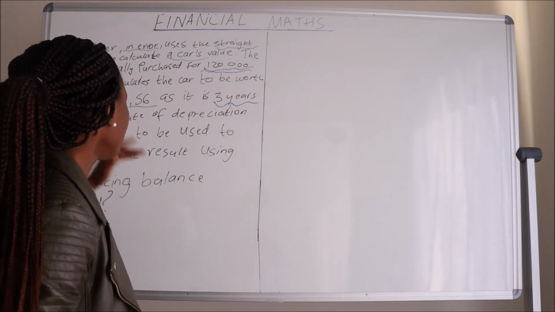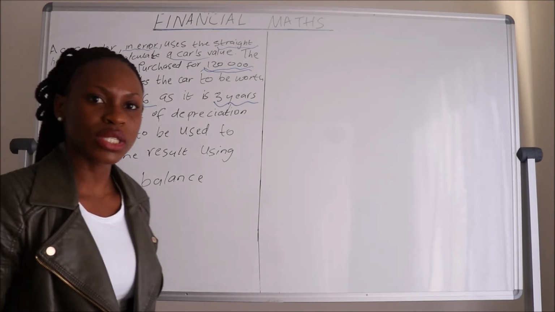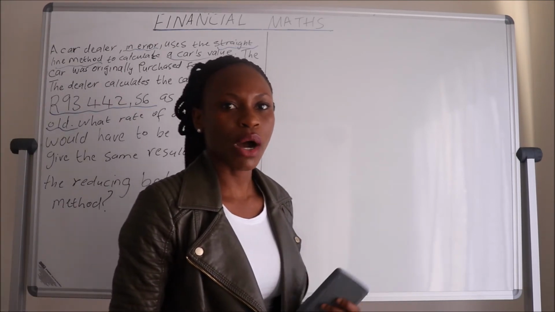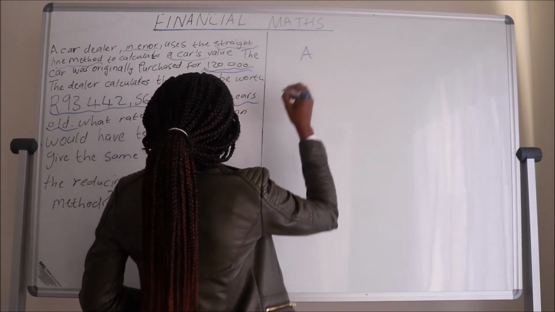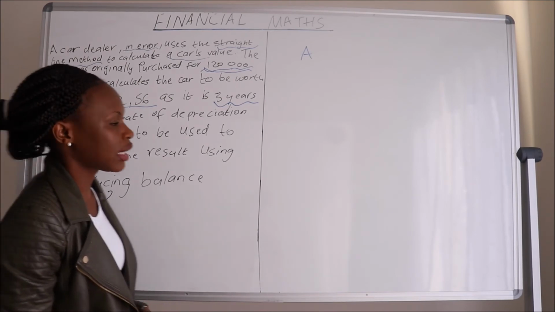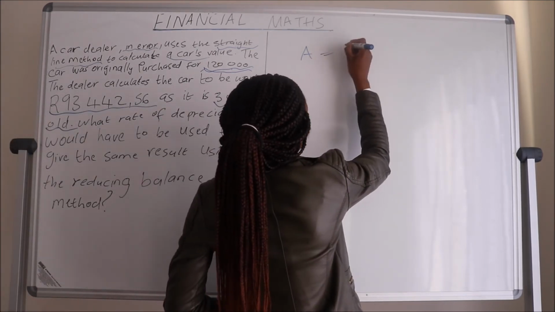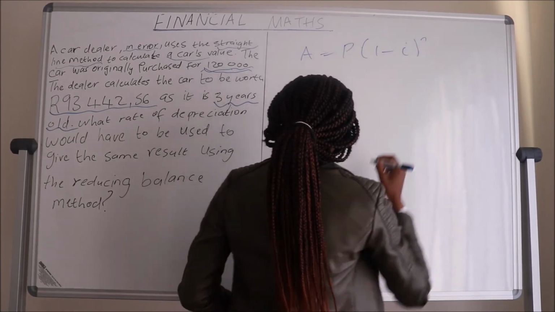This time, we won't be making the very same error that he made, but we'll be using the reducing balance method, which is the compound decay or growth method. Since this car was high when purchased and is now low, we have to use the compound decay method. So it will be 1 minus i, into an exponent of n.